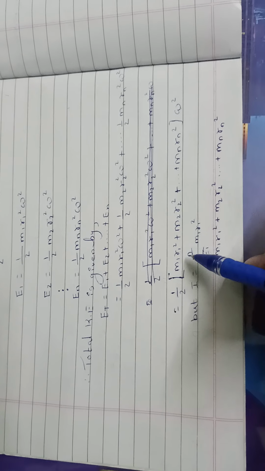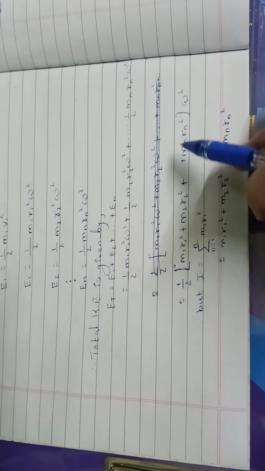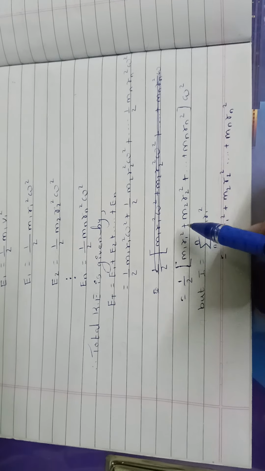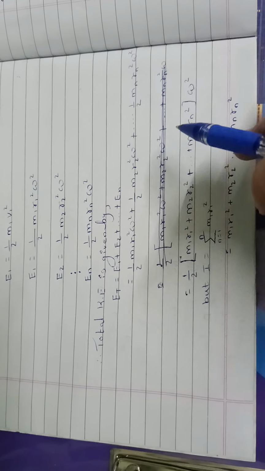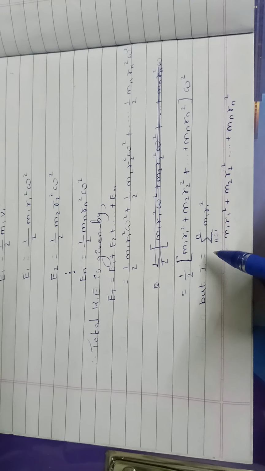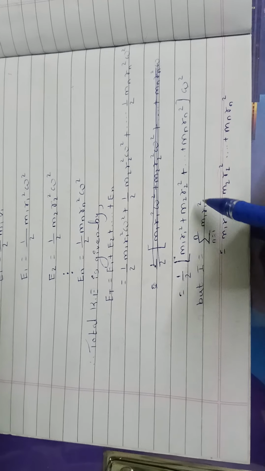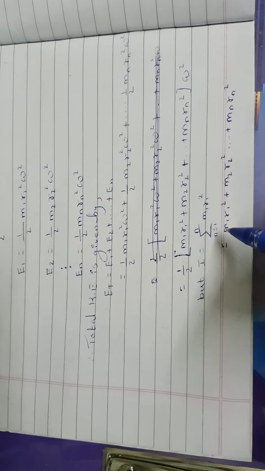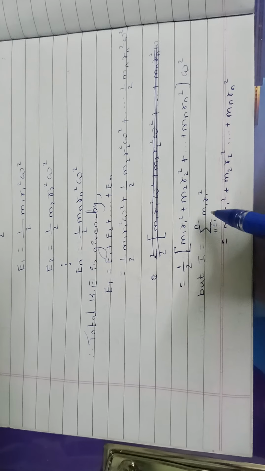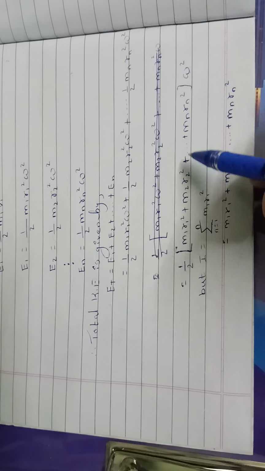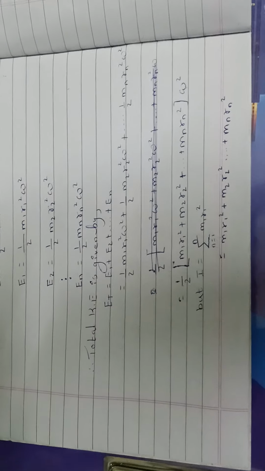We know that this summation of m1 r1 square till mn rn square is moment of inertia. We have written this expression shortly like this, which is nothing but moment of inertia.